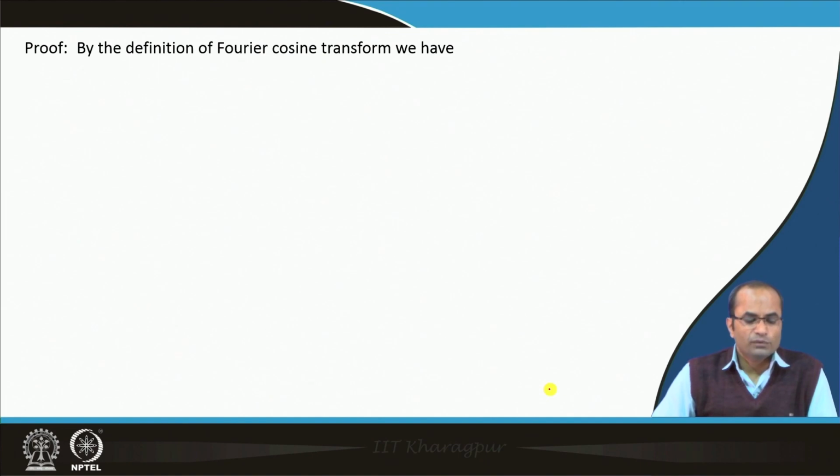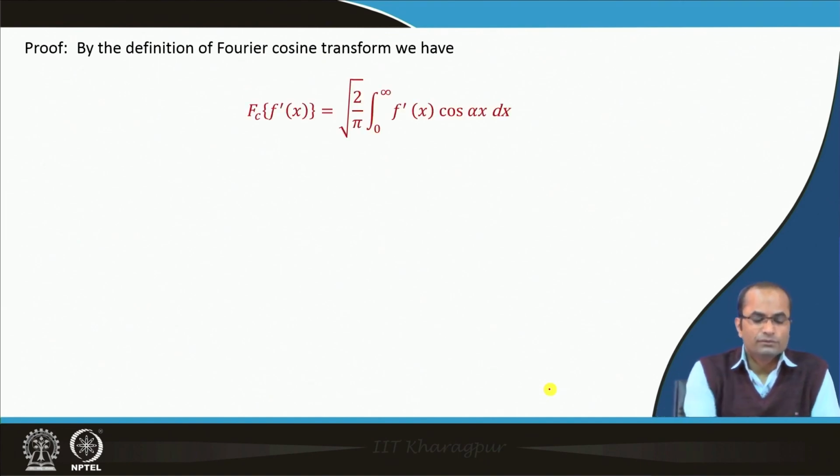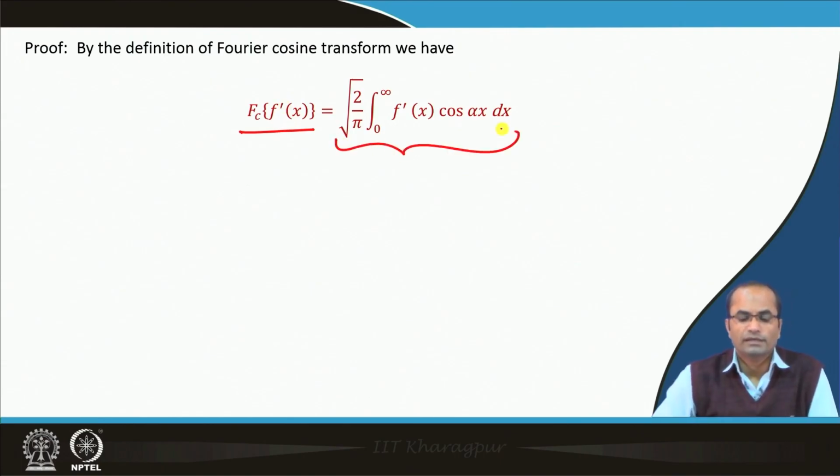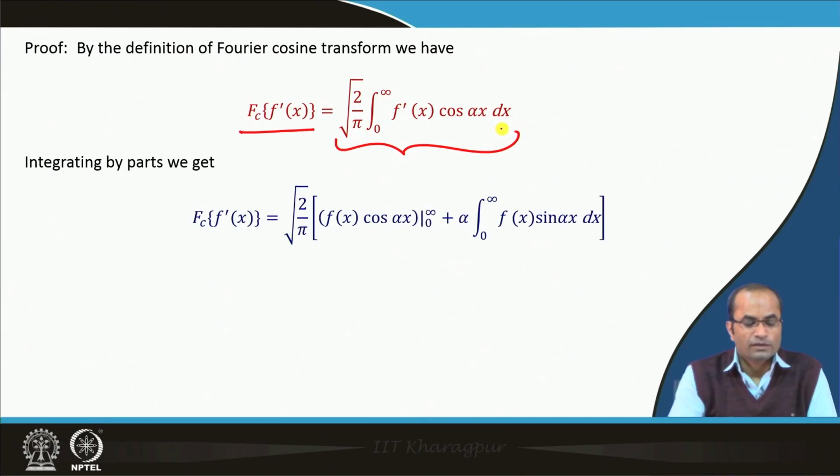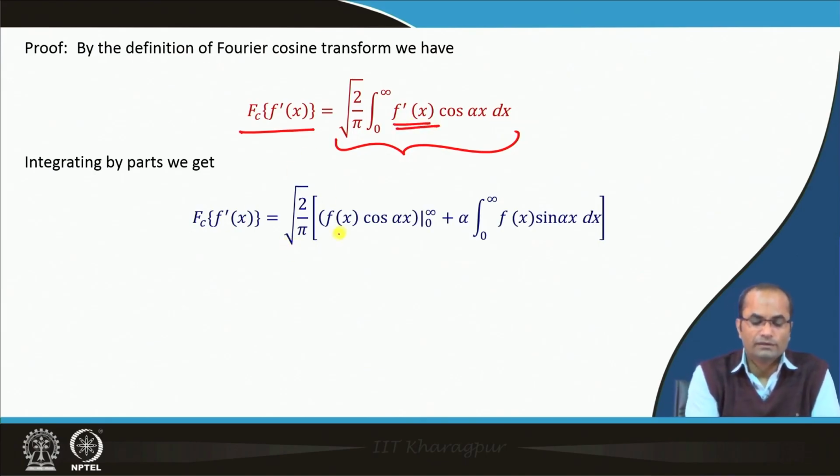This we can easily prove by the definition itself. The Fourier cosine transform, for instance, of f prime, as per the definition, we can write down as the integral of f prime(x) cos(alpha x) dx, and then if we integrate this by parts we will get the desired result. Integrating by parts, we have f(x) and cos(alpha x) as it is, evaluated between the limits.